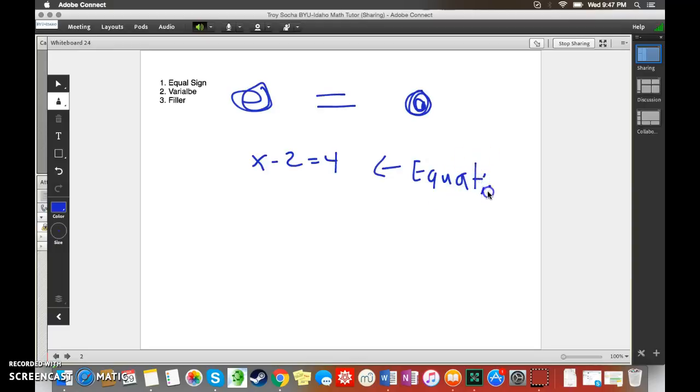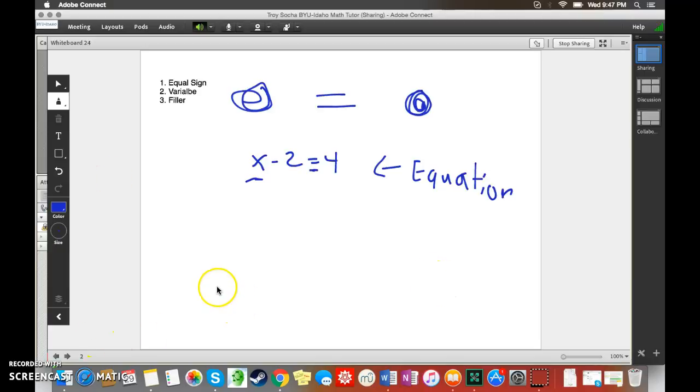We have x, which is our variable, we have our equal sign, and then we have the filler, everything else. All the other numbers, all the other parentheses, everything besides the variable and equal sign are filler. They're only necessary to fill the equation to give us a set of circumstances.